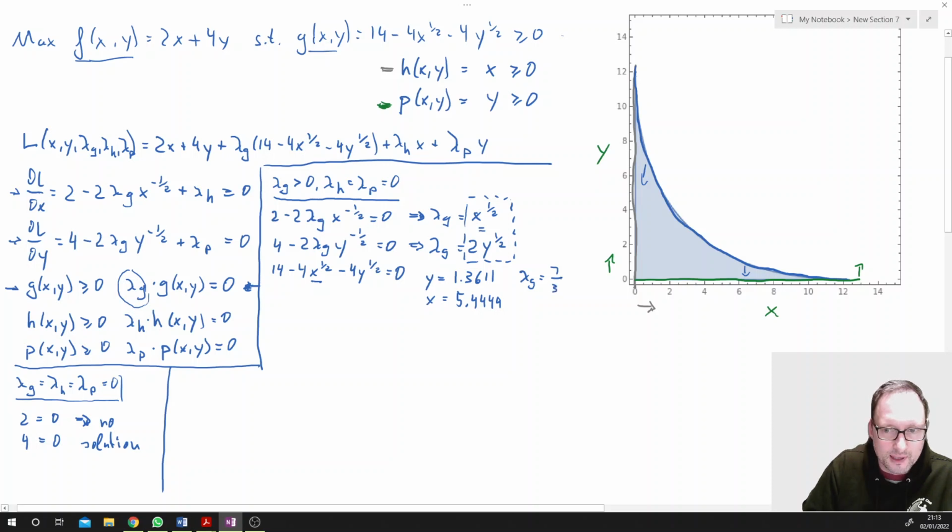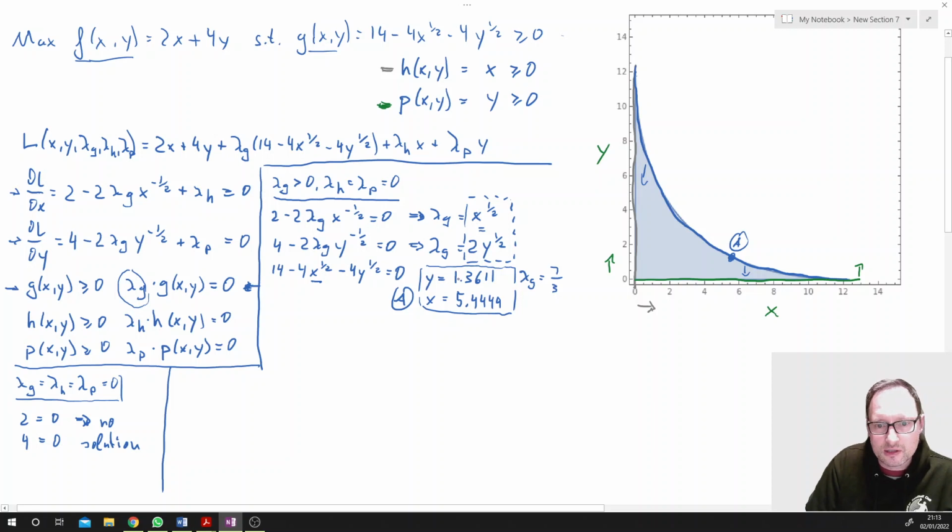The lambda g in this case is equal to 7/3. So let's call this point A. And let's see where that is. So x is 5.4, 5.4 is about here. So that point is about here. That is point A. And what we also need to know is, what is the function value at that point A?